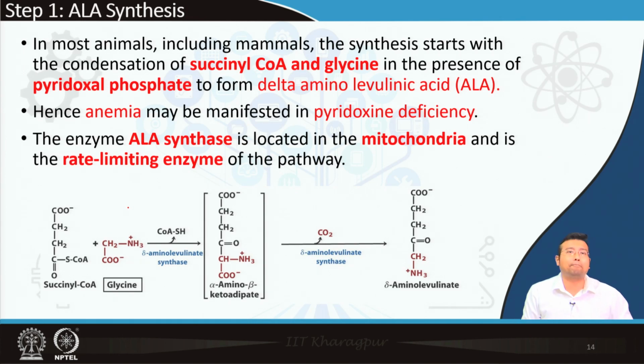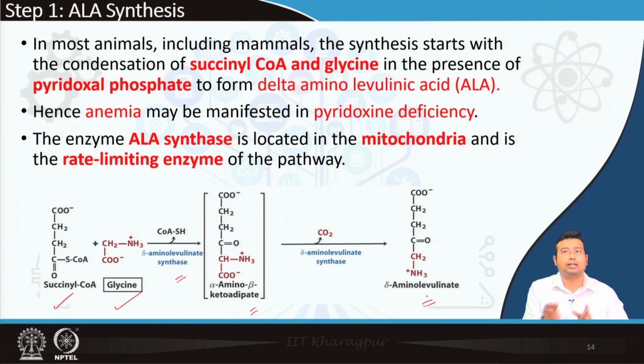So, this is step 1 we have already discussed during glycine metabolism, how heme was being synthesized as an intermediate. So, succinyl CoA and glycine, under the action of the enzyme delta aminolevulinate synthase, form delta aminolevulinate. There is an alpha amino beta ketoadipate intermediate, but ultimately this is the final reaction, right.